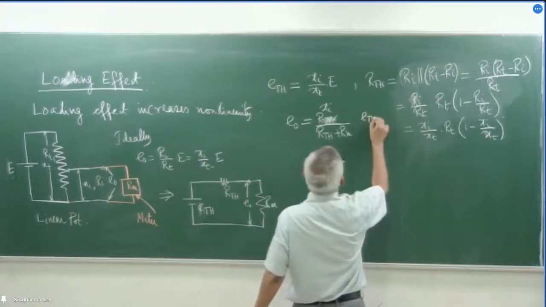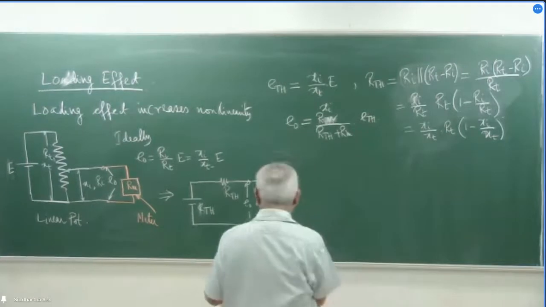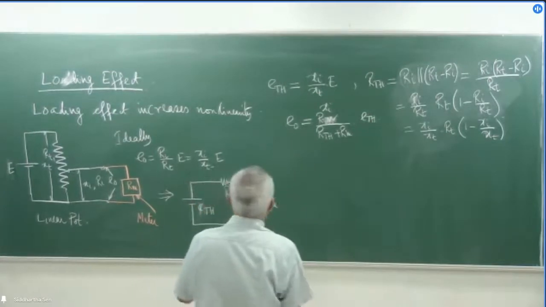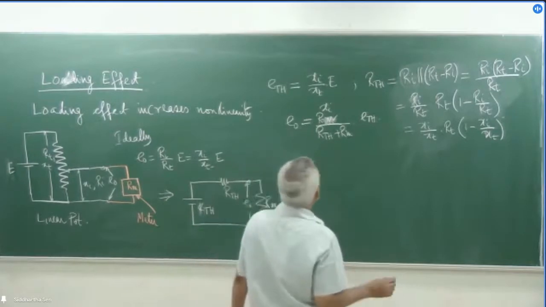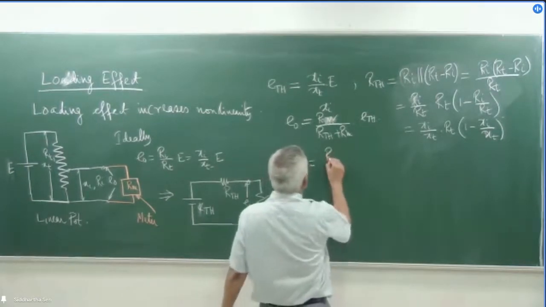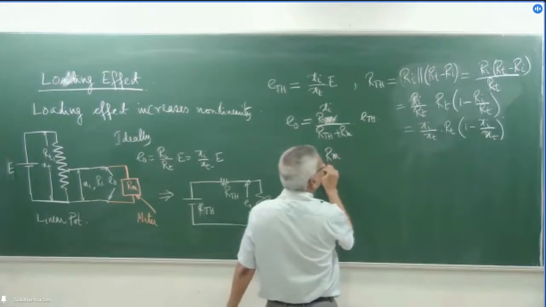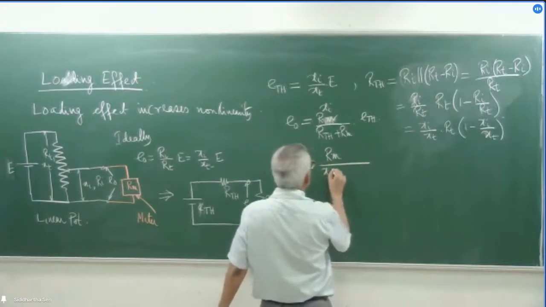Okay. So what will I say? This is equal to, what is RTH? It is Rm divided by Xi by Xt into RT.